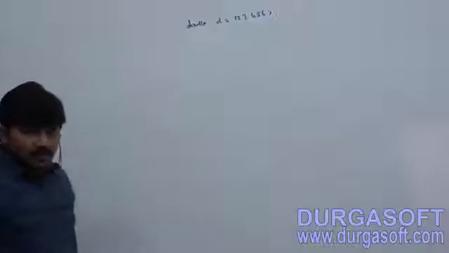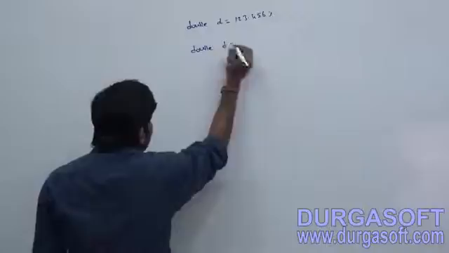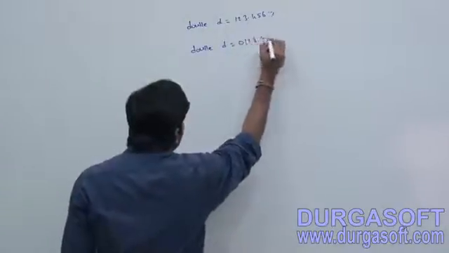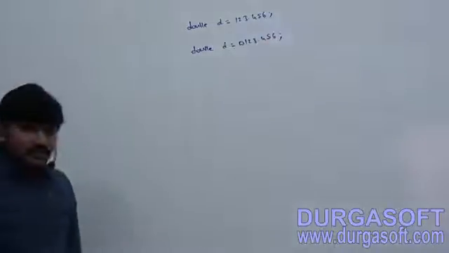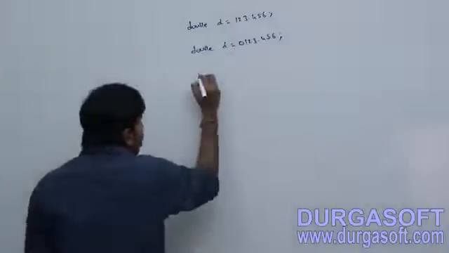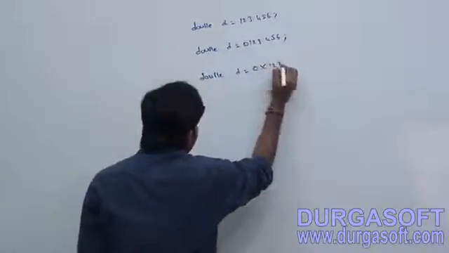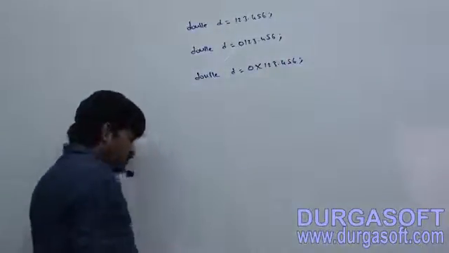Double d is equal to 0123.456. Double d is equal to 0x123.456. Are you getting these three?